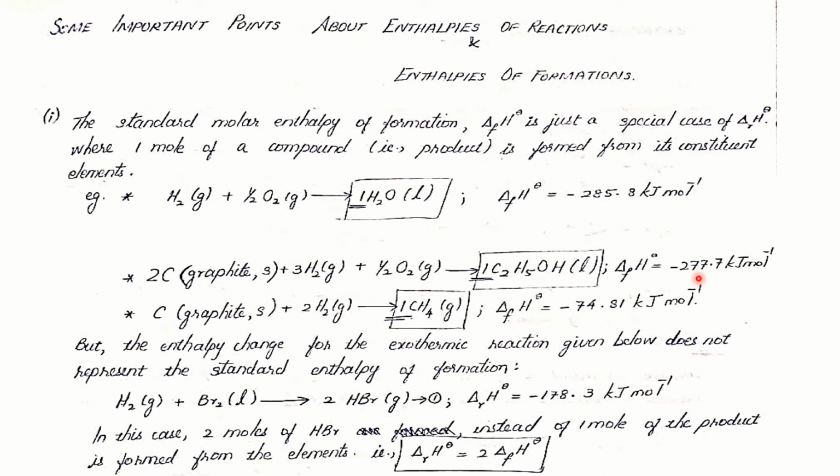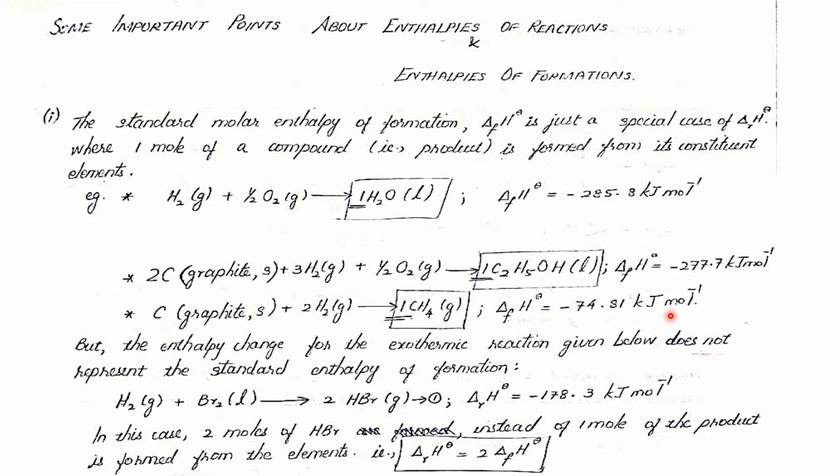We can also interpret standard enthalpy of formation for this reaction as the enthalpy change that occurs when 1 mole of ethanol is formed from its constituent elements in their reference states, and that is equal to minus 277.7 kilojoules. Now look at the third example. Graphite reacts with hydrogen to produce 1 mole of methane, and the standard enthalpy of formation associated with this reaction is minus 74.81 kilojoules per mole.